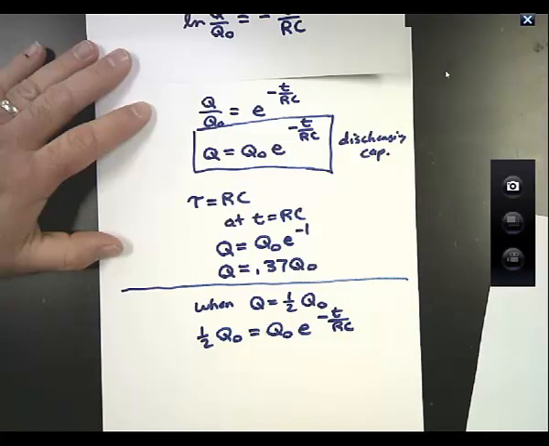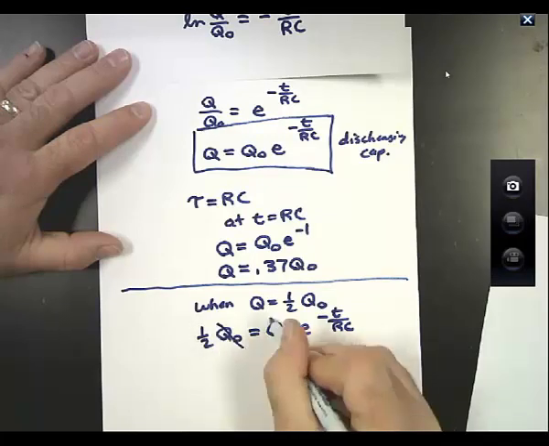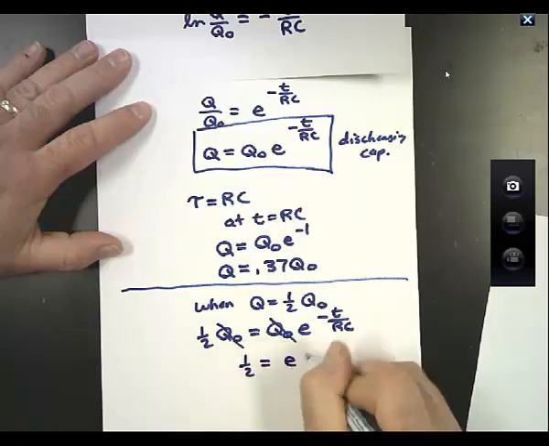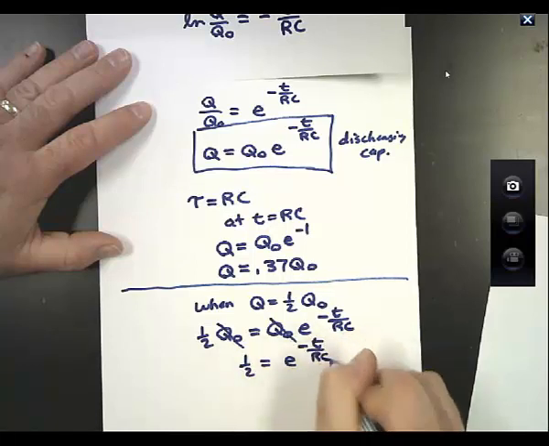Okay, so in that case, we say, hey, look, 1/2 is equal to e to the minus t over RC.